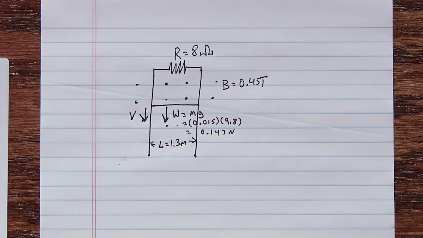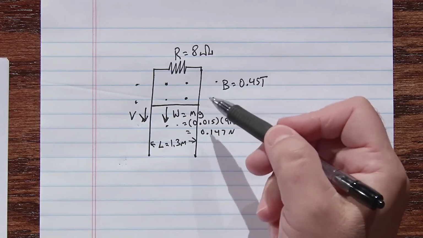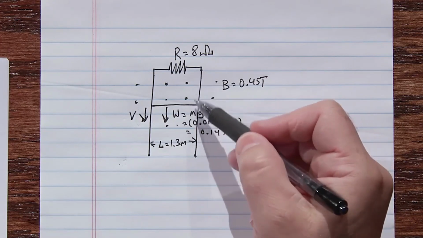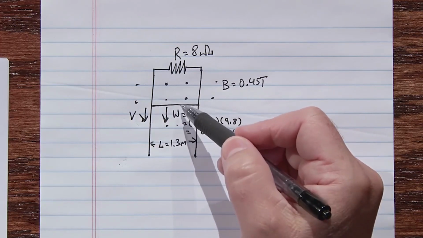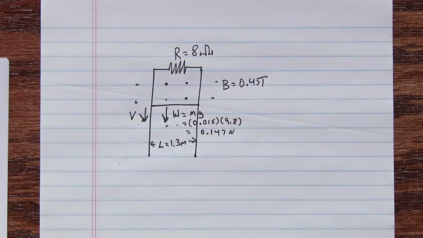But we do know that as it moves down, there will be an induced current because the magnetic flux through the loop here is going to increase as the area of the loop increases.